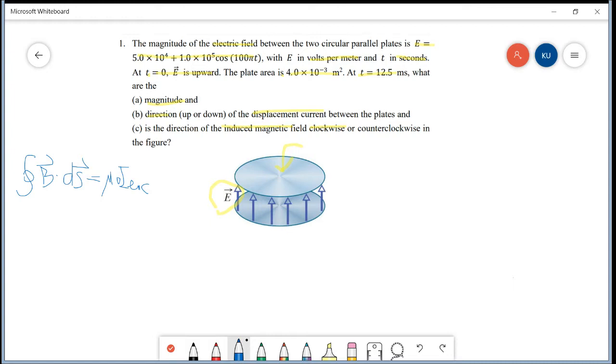In this chapter we also should consider another term called the displacement current, which is mu 0 epsilon 0 d phi e dt, where phi e is the electric flux. That is the first derivative of phi e multiplied by epsilon 0.